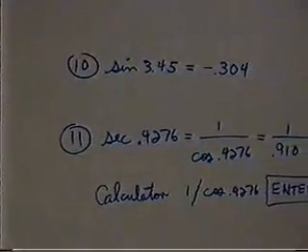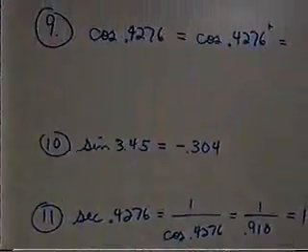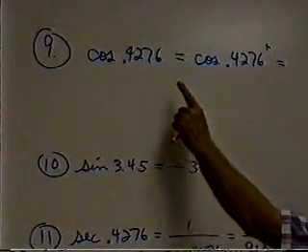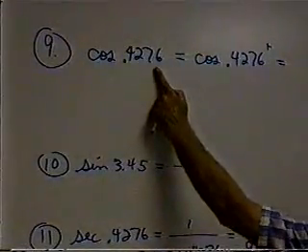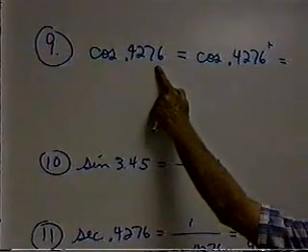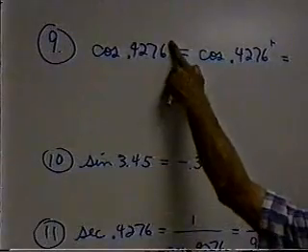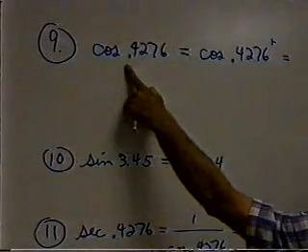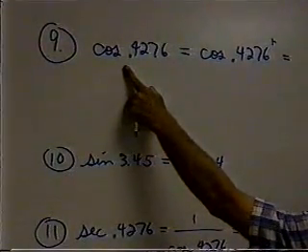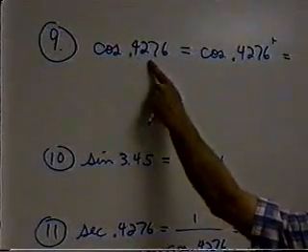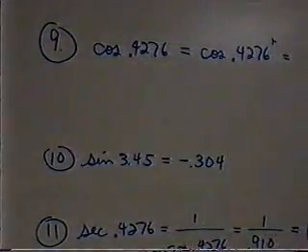Okay, example 9 says, evaluate these by using a calculator. Well, the mistake that a lot of students make is you don't pay attention to the mode the calculator's in. Now, the cosine of, there is no symbol right here, so that means this is radians. So therefore, you want the cosine of 0.4276 radians.